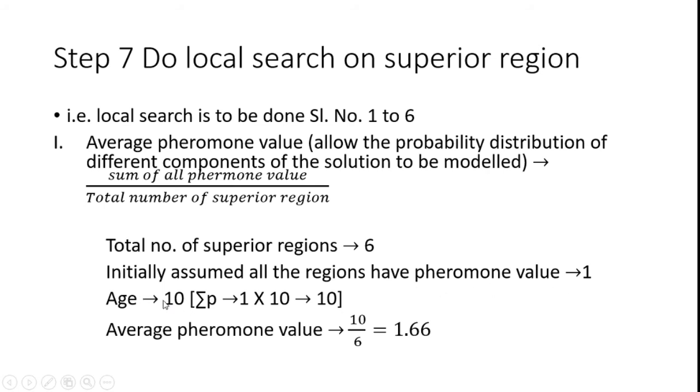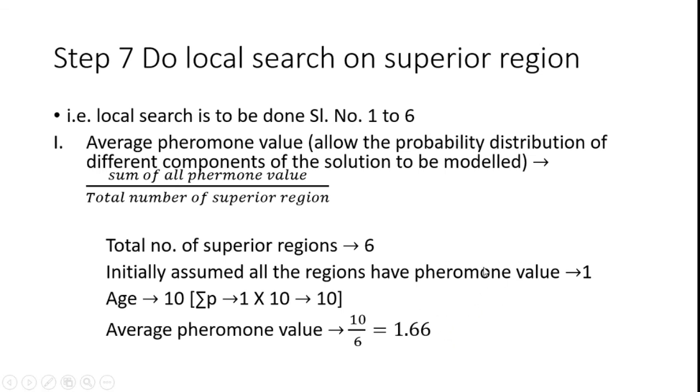So H is 10: because the summation of pheromone is 1 and the population size is 10, multiplying both gives the new H as 10. Average pheromone value is 10 divided by 6, which is equal to 1.66.